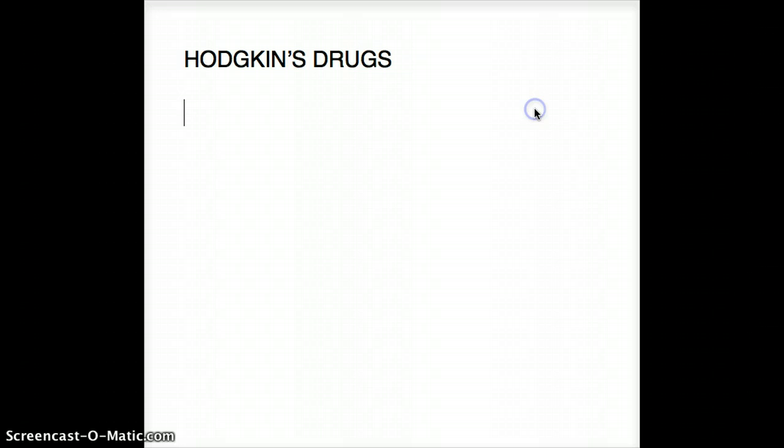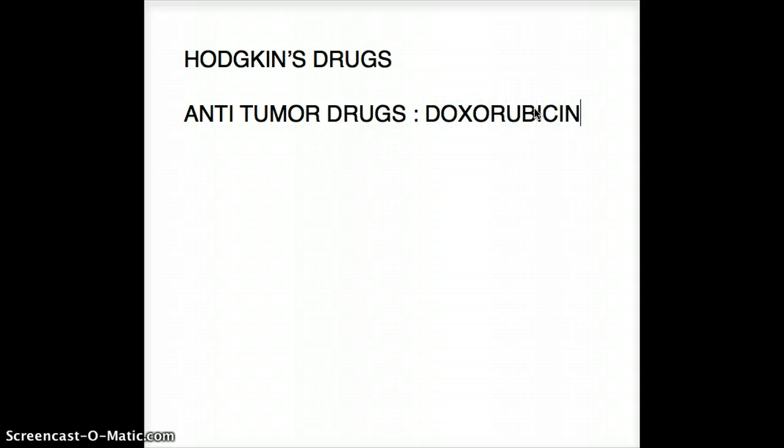Okay, so let's talk about Hodgkin's drugs. There are 3 groups of drugs which are often tested. The first one belongs to the anti-tumor drugs, and the name of the drug is Doxorubicin. The next one is also an anti-tumor drug, and this one is Bleomycin.